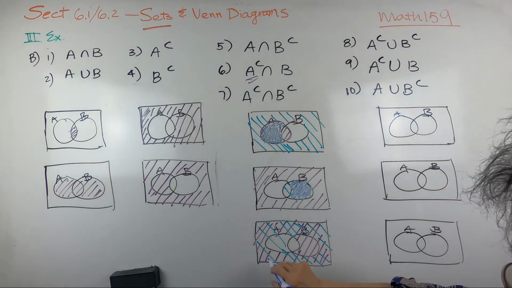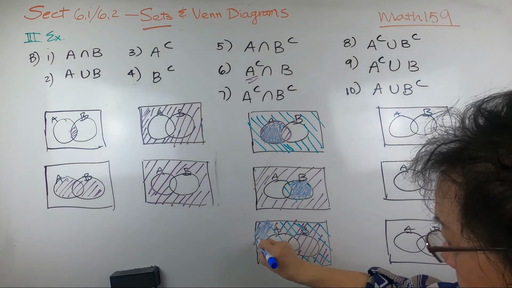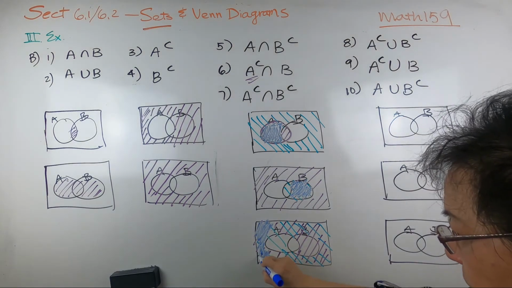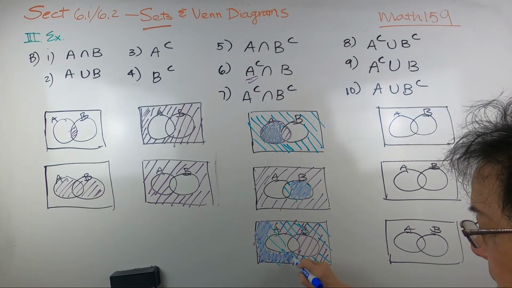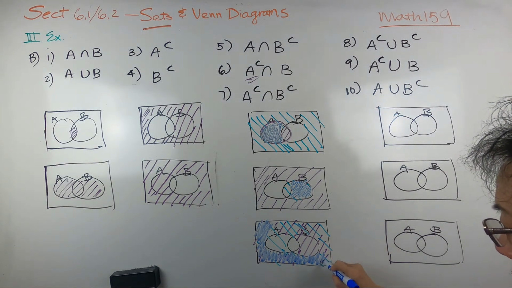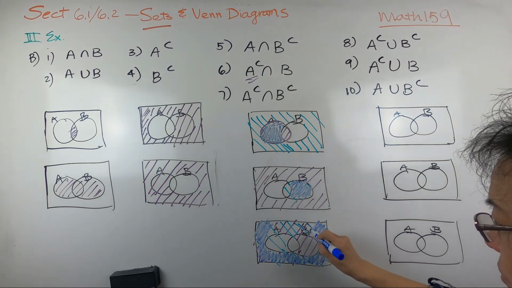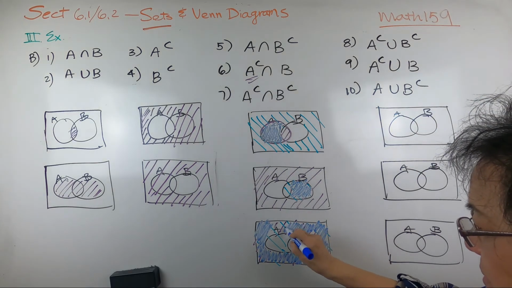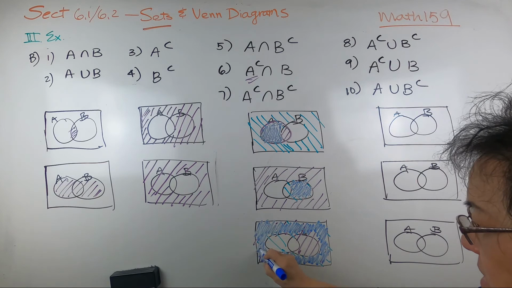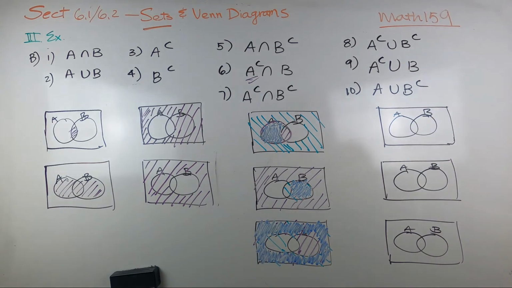Not just one of them. Intersect means both. So that would be the overlapping part, this portion. Got the idea?